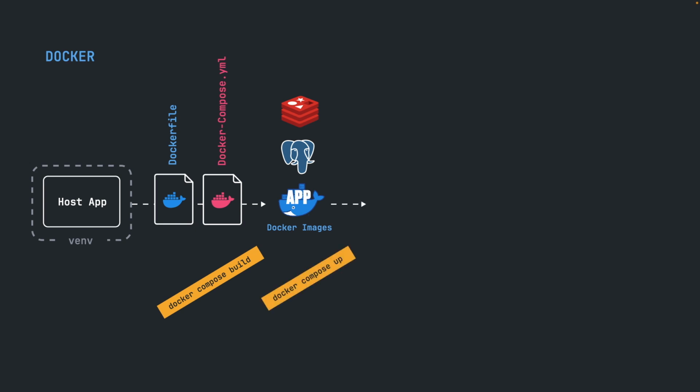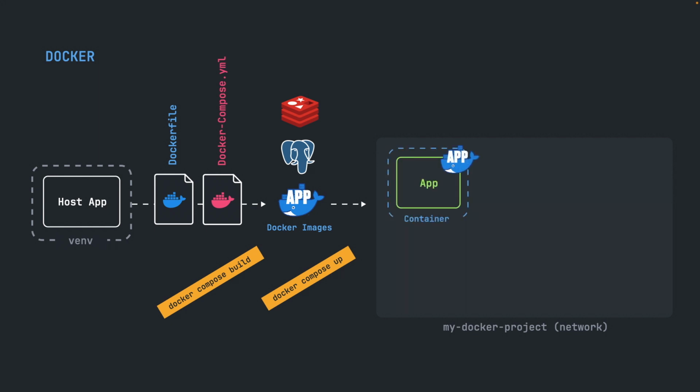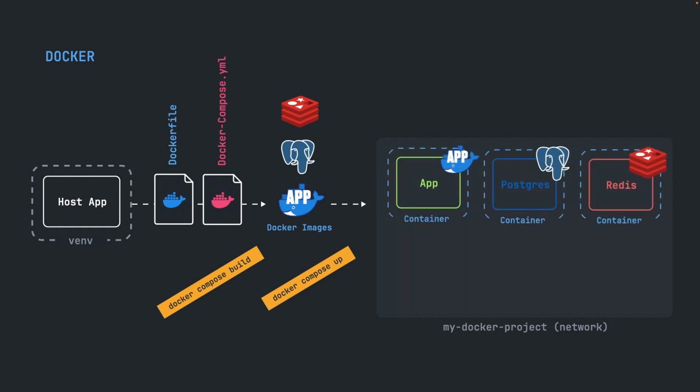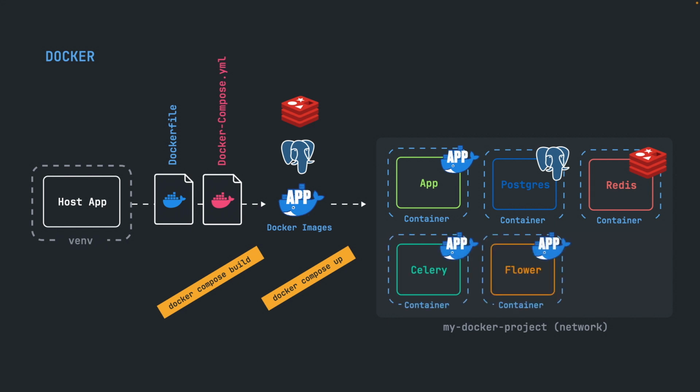And with the docker compose up command, we build a project, also called a Docker network, and create all the containers. In this project, we have our app container, Postgres, Redis, as well as Celery to set up background tasks, Flower for real-time monitoring, and Beat for periodic tasks.